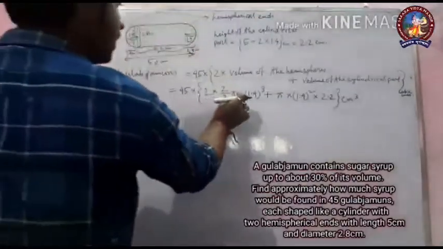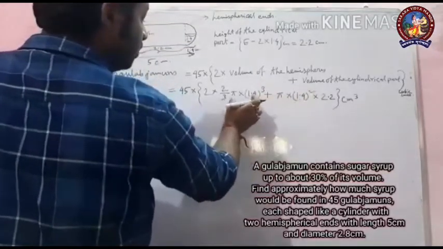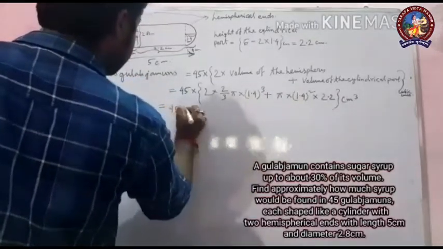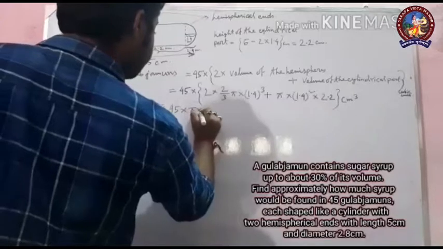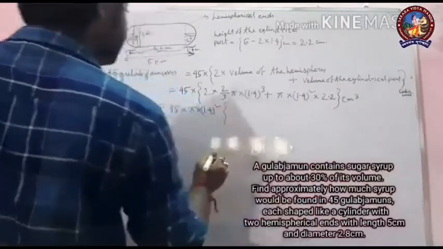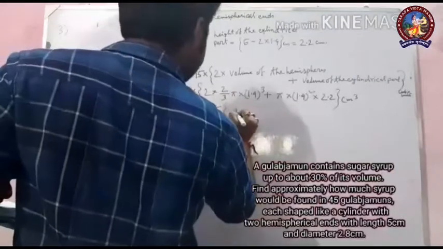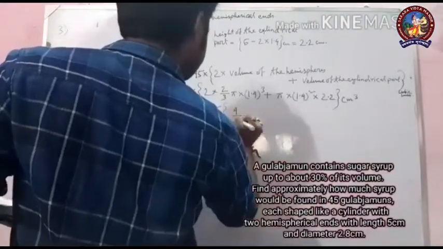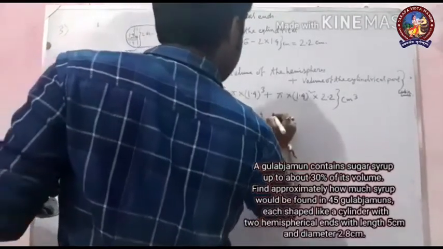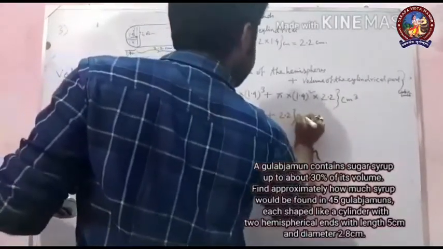Now you can see here pi into 1.4 cube and here it is square, so I can take common pi into 1.4 square. And the remaining part is 4/3 into 1.4 plus 2.2 centimeter cube.